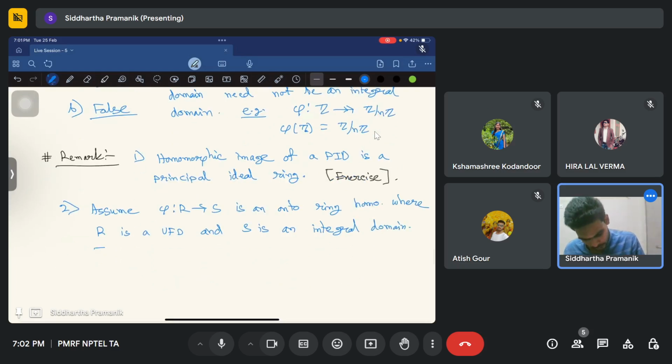Then can you say that S is a UFD? In case of PID, this statement is true. But is it true in case of UFD?